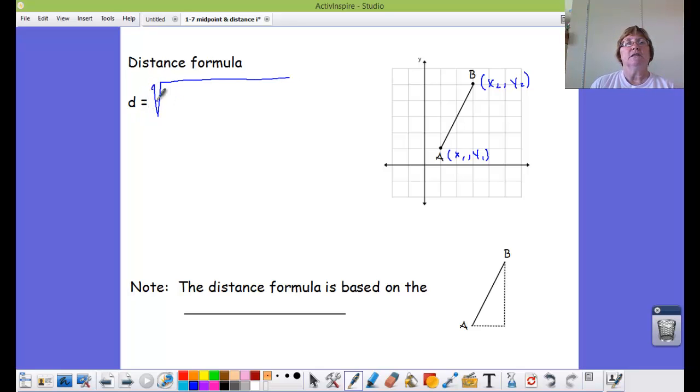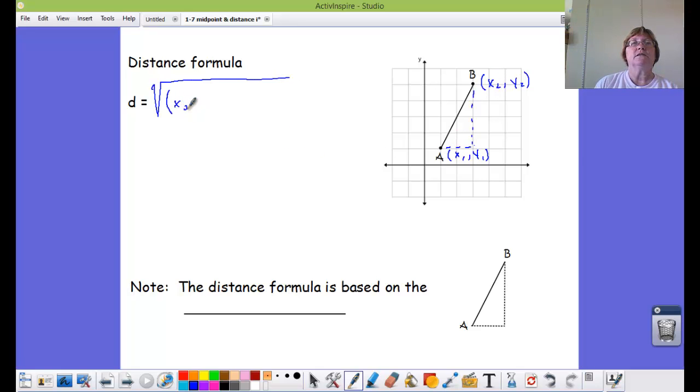The formula is big and looks nasty. It's really not so bad. What it says is you take the square root of, and you need to find the distance between the two x's. The horizontal distance that you have to move is this x minus this x. That's how far it is across.